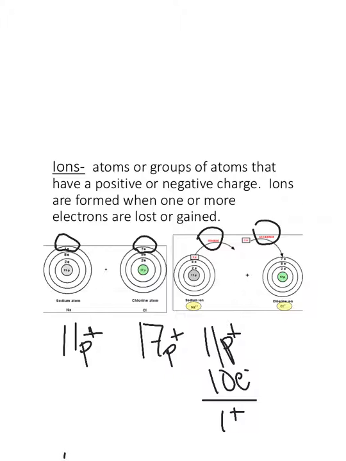And chlorine, still having 17 protons, has taken in an extra electron, so it has 18 electrons and an overall charge of 1-. See how they lost or gained an electron, which gives us a different number of electrons than protons, so we have some sort of charge. Sodium a +1, chlorine a -1.